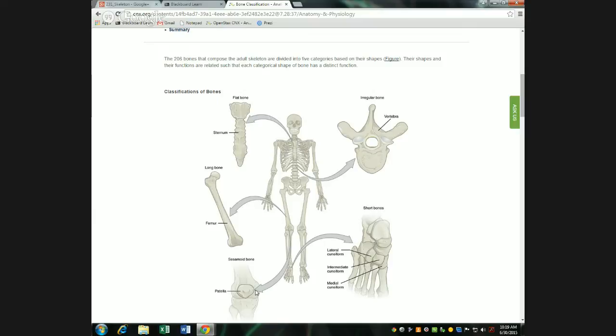Early in development, fetal development, there's not a bone there, and it develops out of the tendon that connects that muscle to the shin bone. So that's very unusual. There are a couple of other places where bones form that way, but the patella is the main example that everybody has.